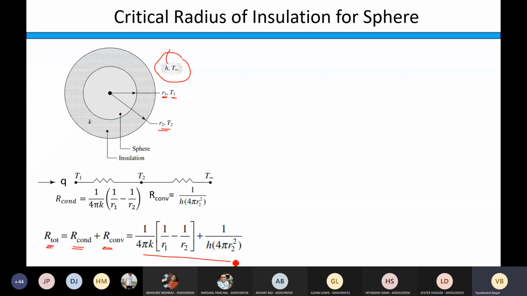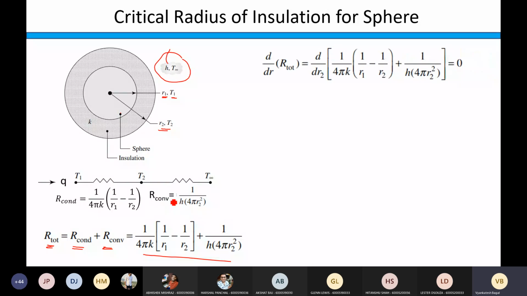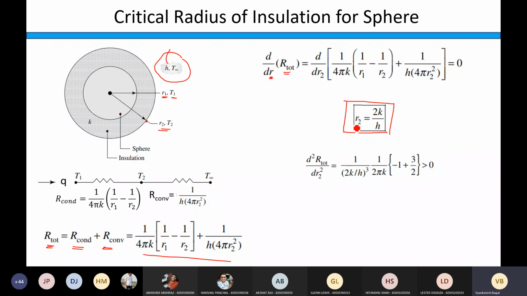You can simplify this term like this, and then differentiate R total with respect to R. Equate it to 0, and you will get this expression: the radius R2, previously we used the R symbol, here it is R2, will be 2k by h. So instead of k by h, now you are getting 2k by h for the sphere. This additional 2 is there in the case of a sphere. This is nothing but your critical radius of insulation.